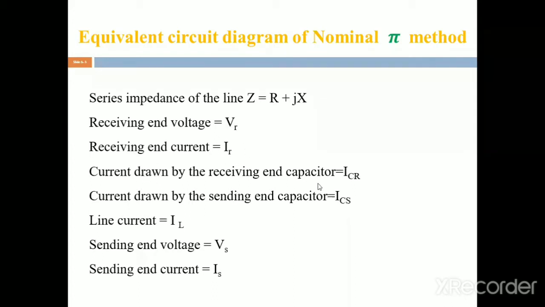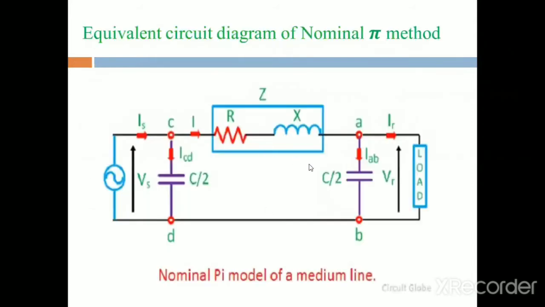Okay, the current drawn by the receiving end capacitor is ICR. In the equivalent circuit diagram it is represented by IAB, where IAB is equal to ICR. ICR means the current flowing through the receiving end capacitor.